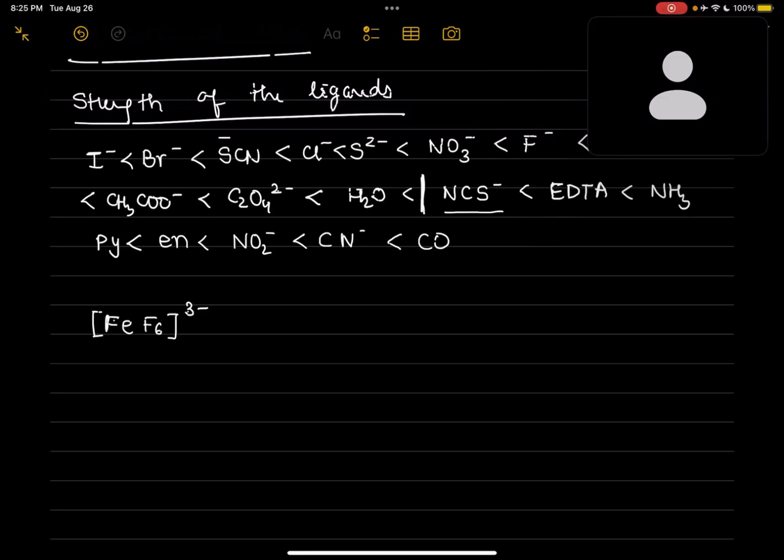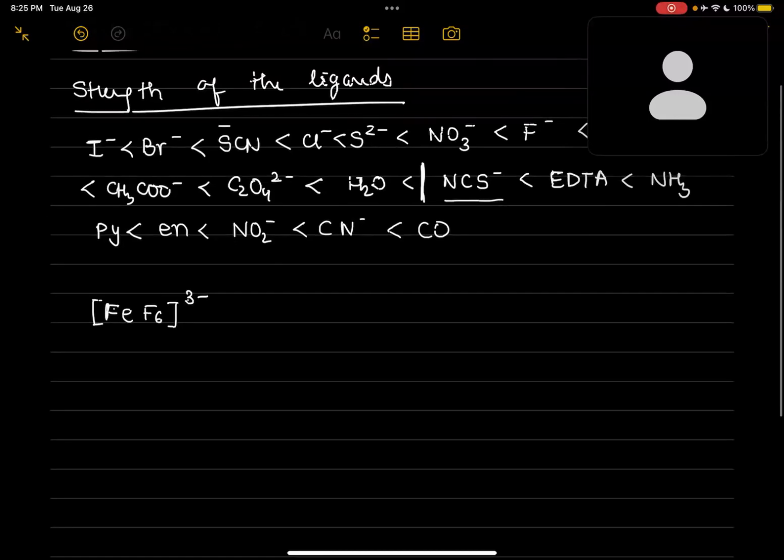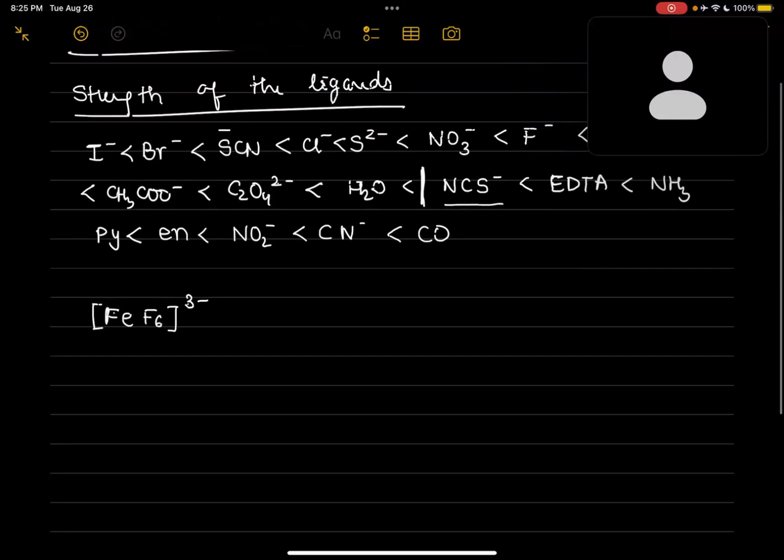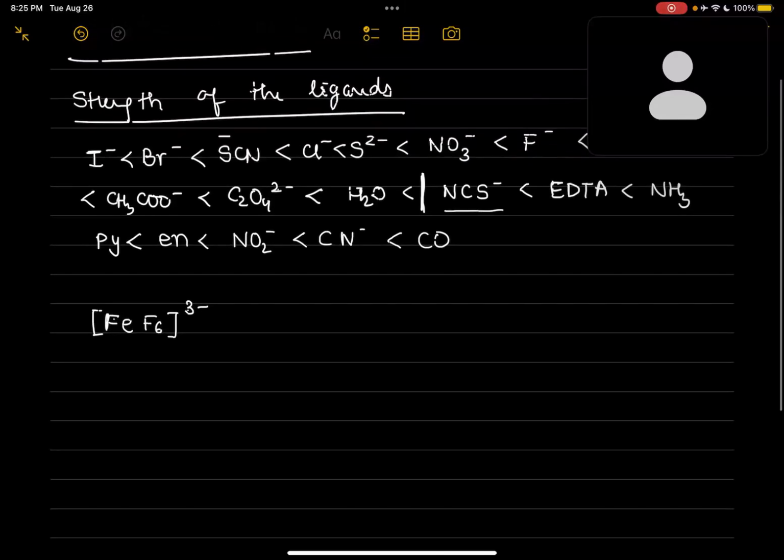So first thing is, which is the central atom? Fe. Yeah. Try to find the oxidation state. What is the oxidation state of Fe? First try to find out the electronic configuration of Fe.